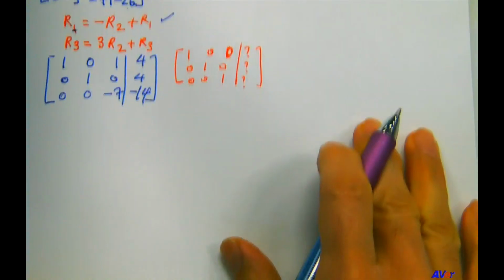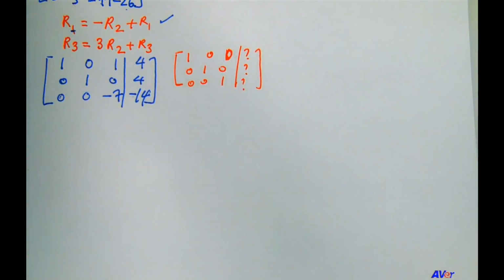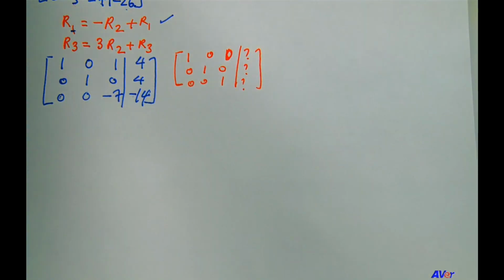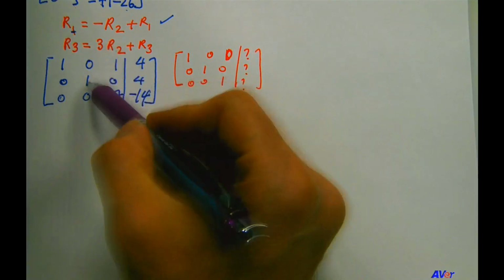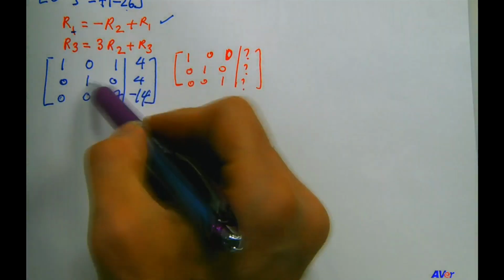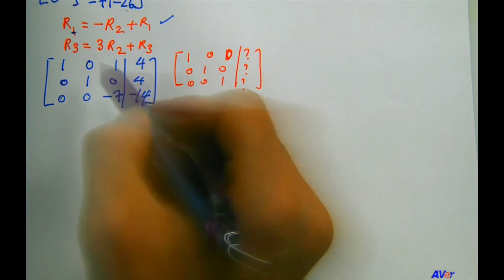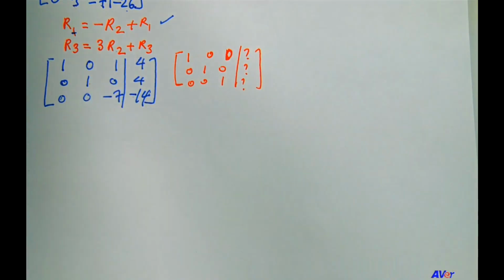Compare this with that. Is the second column done? It is done, right? We wanted 1, we wanted 1, we got 1. We wanted zeros above and below that 1, we got zeros above and below that 1. So we're done with the second column too.